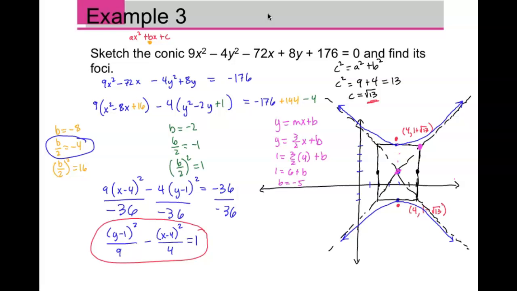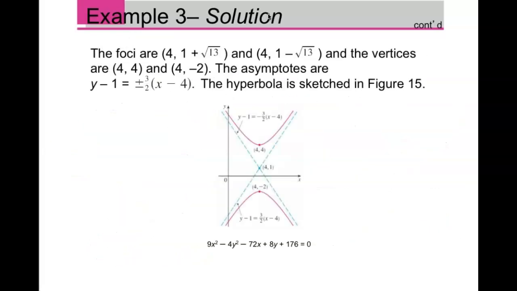So the equation of this asymptote here has to be y equals 3 halves x minus 5. Does that make sense? And you could likewise figure out the equation of the other one.